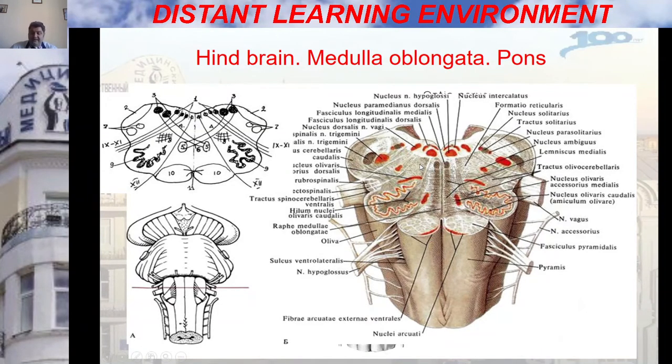The roots arising from the nuclei of the hypoglossal and vagus nerves divide the medulla on either side into three regions: posterior, lateral, and anterior. The posterior region contains the nuclei of the posterior funiculus and the inferior cerebellar peduncle.